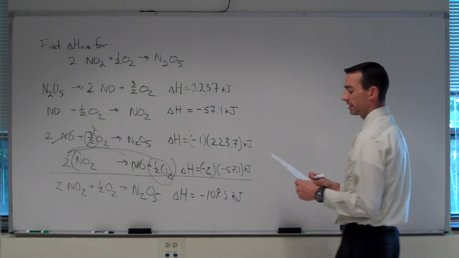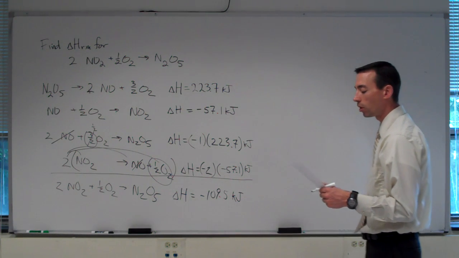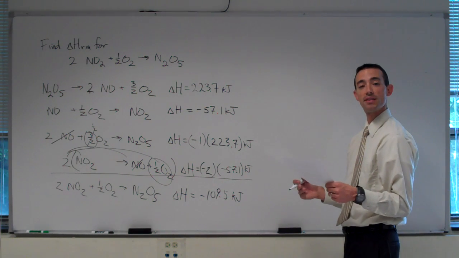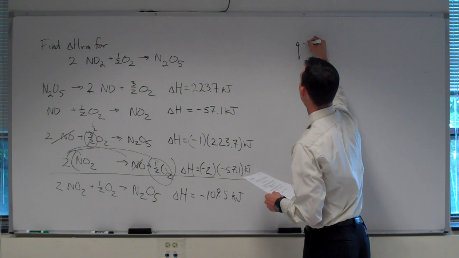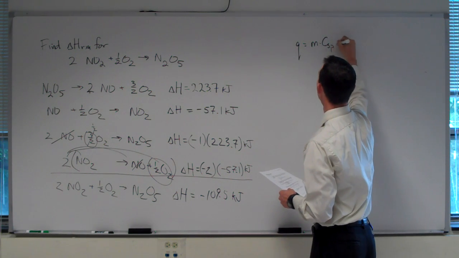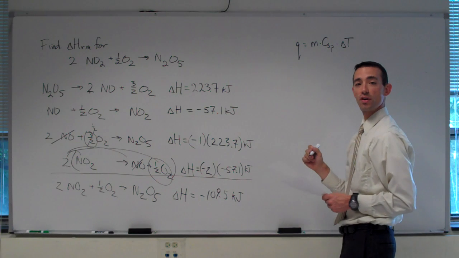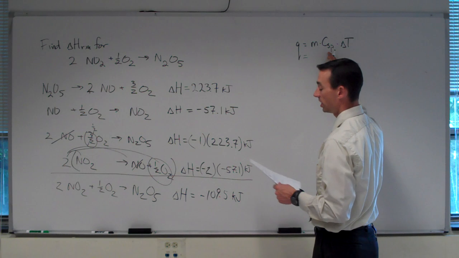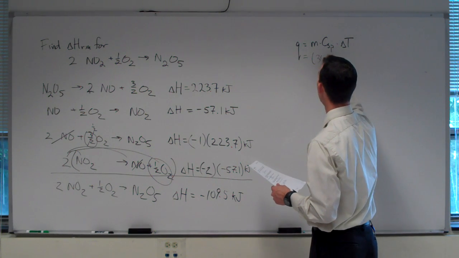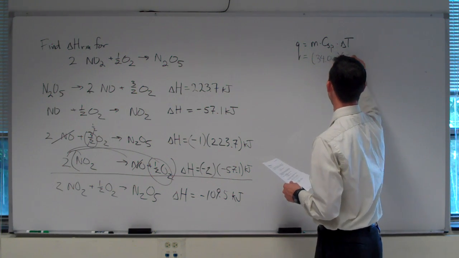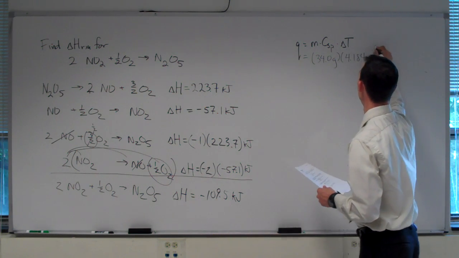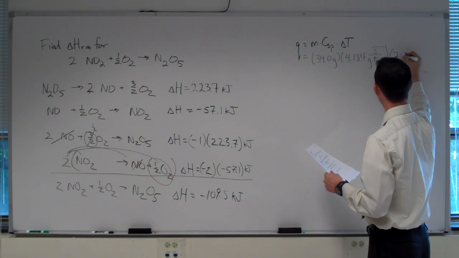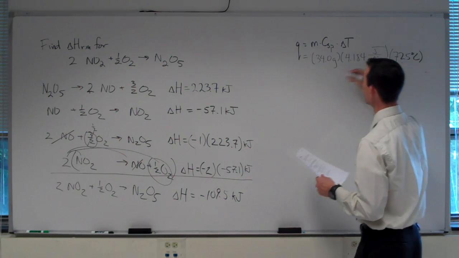The first question says to calculate the heat absorbed by 34 grams of water that increases its temperature by 7.25. So when there is a temperature change, the heat transferred, or heat flow, is mass times heat capacity times change in temperature. So 34.0 grams of water times 4.184 joules per gram degrees Celsius and 7.25 degrees Celsius.